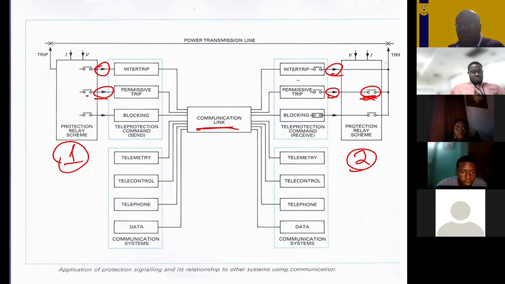It must be sent across the medium, but it must also have the zone 2 monitoring on the other side. So that's the and function that we have there. And then we can also have blocking, yeah? And note on this side, we have the normally closed. So the reverse is true.